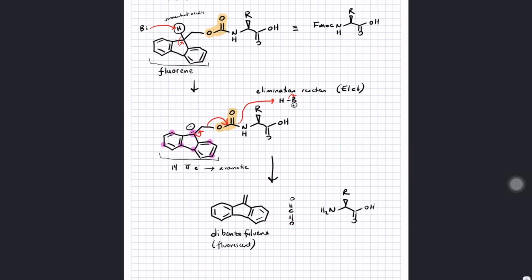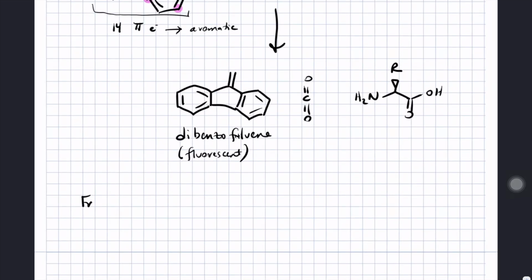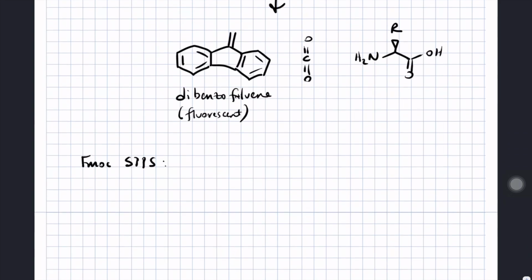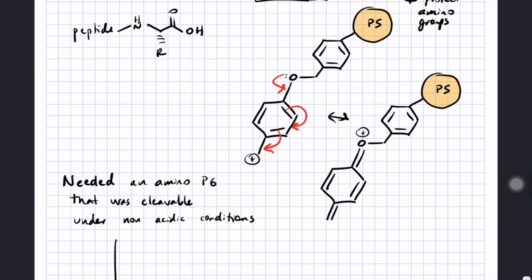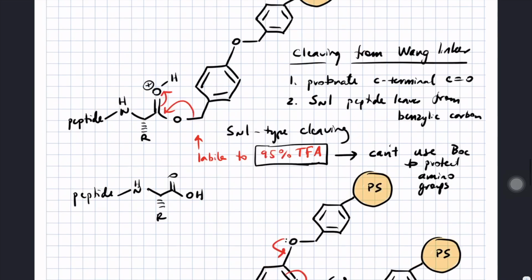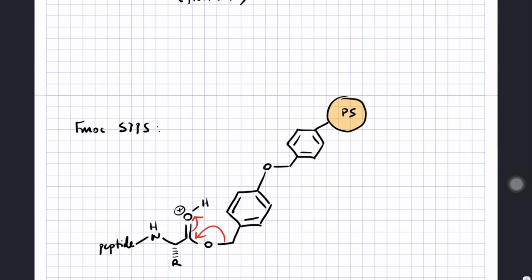So, solid phase peptide synthesis under Fmoc conditions is only slightly different from solid phase synthesis under Boc sorts of conditions. You'll have your amino acid attached to the resin. You can attach that amino acid in exactly the same way as we attached it to the Merrifield resin.